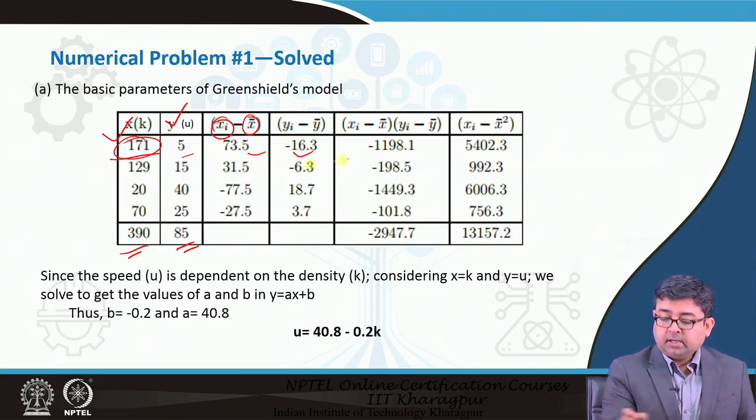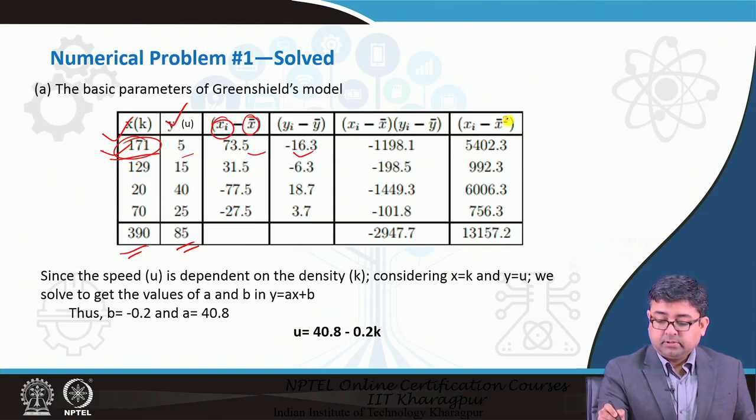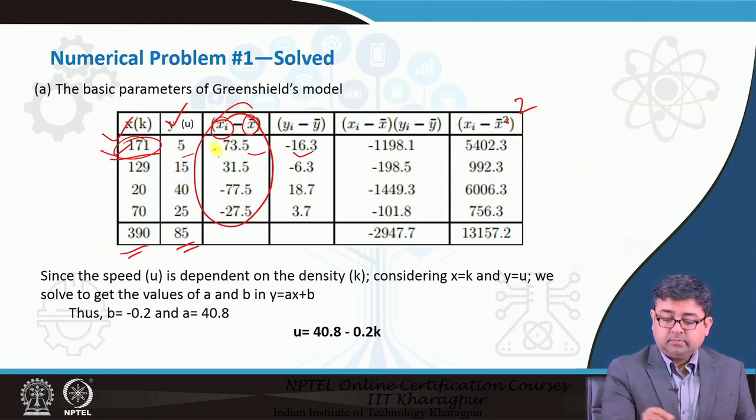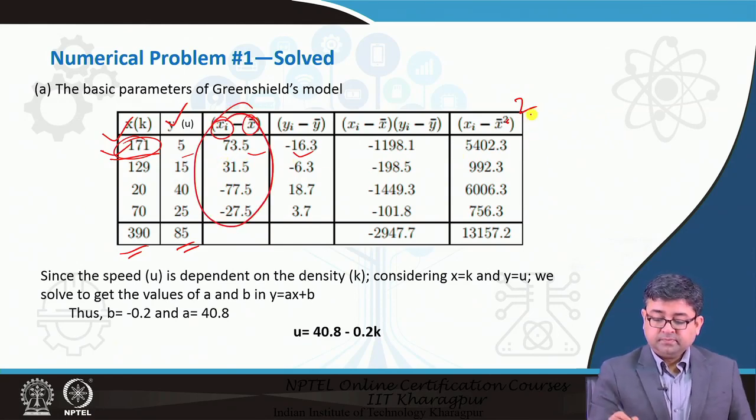Then we also develop the x minus its mean, squared. The square should be outside, so it is this column raised to the power 2.